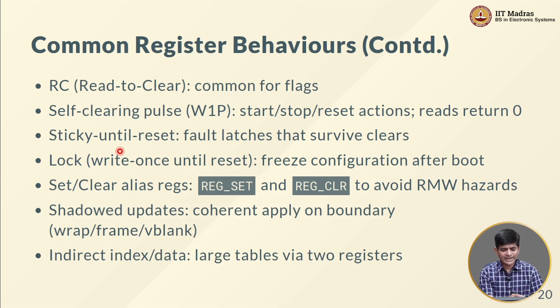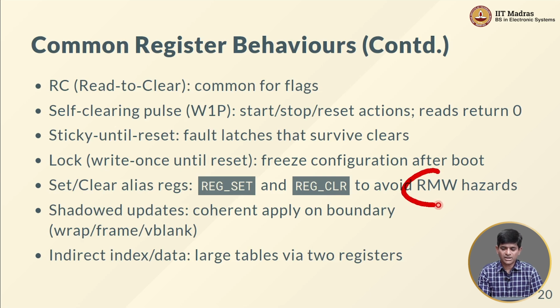Now, there are also aliases that you can bring in over here. You can have things like reg set and reg clear. And why is this important? Because normally if I wanted to set a particular bit in one register, or in a 32-bit register, what I would need to do is read in all 32 bits, mask 31 of the bits out so that they are not affected, and change the value of one particular bit, write the result back.